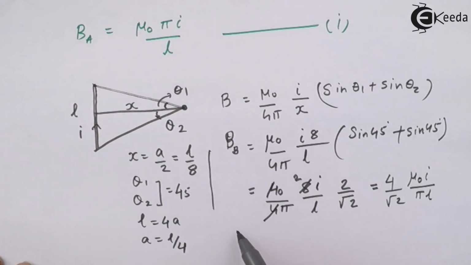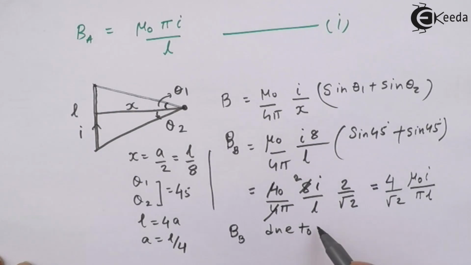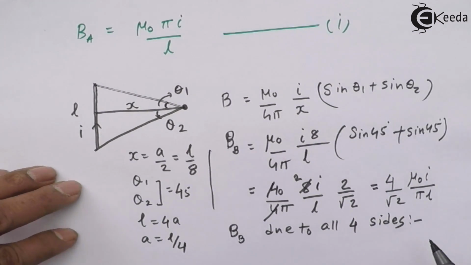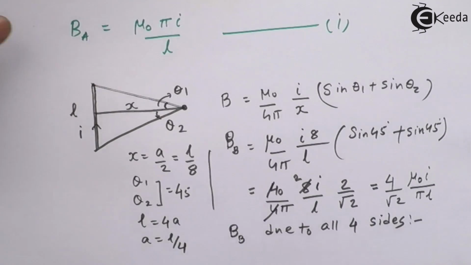For 4 sides, this total BB due to all 4 sides, how much will it be?